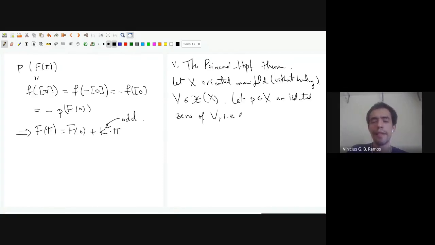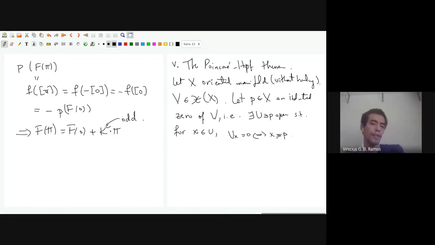It just means that there exists an open set U such that for x in U, V(x) is zero if and only if x is equal to P.